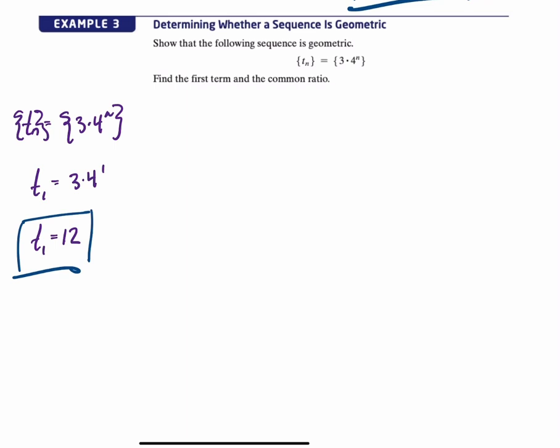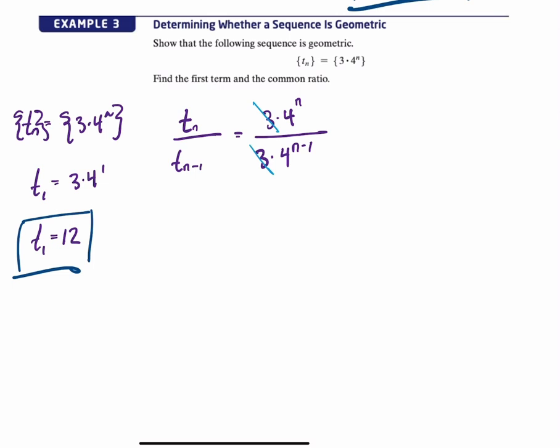And our common ratio we'll find by doing t sub n over t sub n minus 1. So that would be 3 times 4 to the power n over 3 times 4 to the power n minus 1. Well, our 3's will cancel.